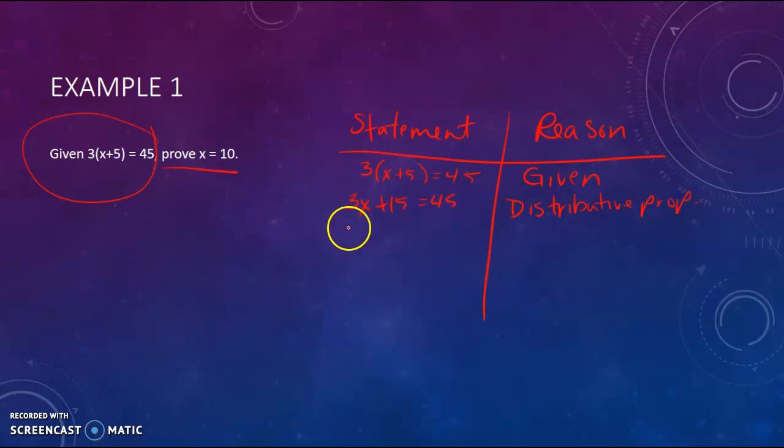Now from here, my whole thing is I'm wanting to find what x equals. So the next step to find what x equals is I'm going to subtract, this is a positive 15, so we're going to subtract 15 from both sides. And so then 3x will equal 30. So from here, and yes, I want to see this step.